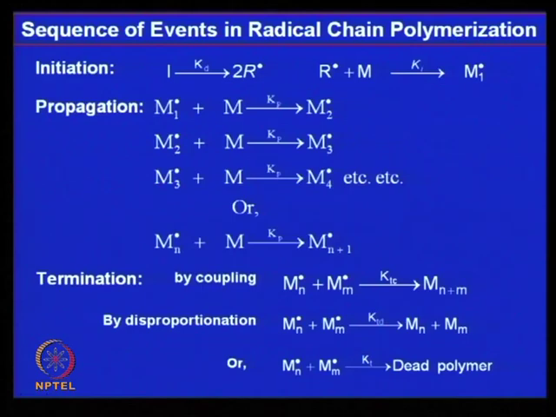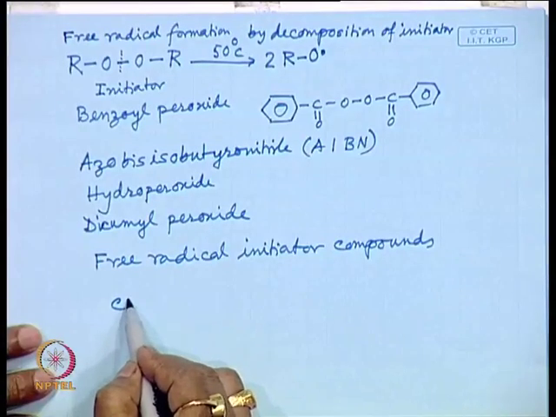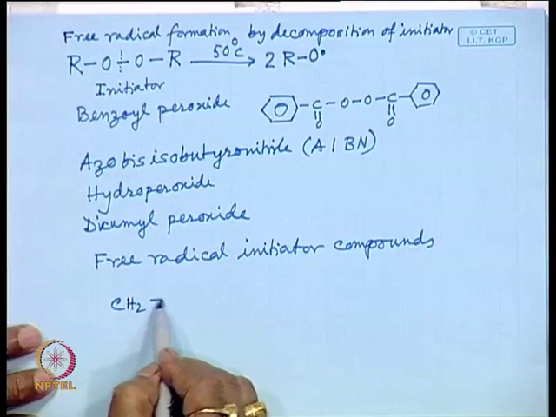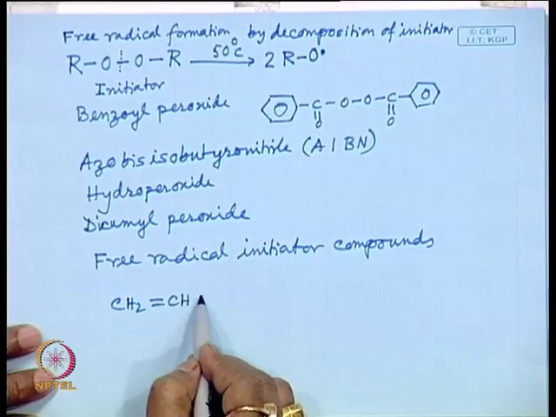Once this initiator undergoes homolytic decomposition forming R free radical, that R free radical will add on to a monomer designated by M. That monomer may be ethylene, methyl acrylate, methyl methacrylate, vinyl chloride, or acrylic acid, where you will have a double bond like this.